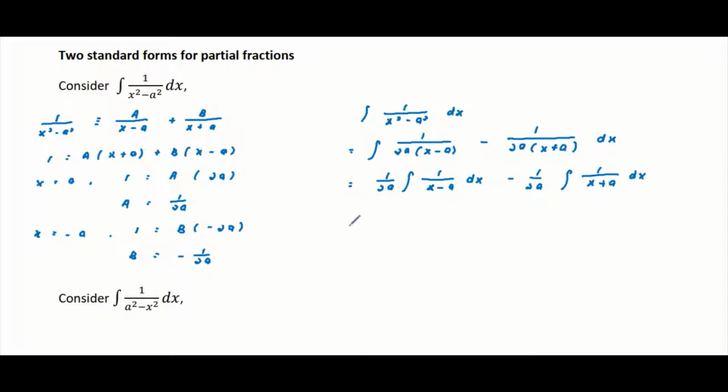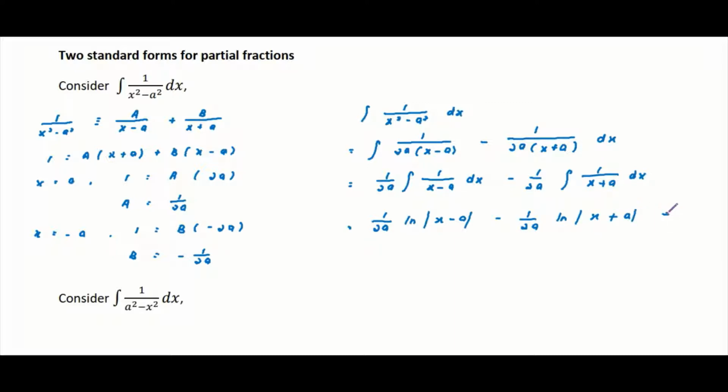As we continue, you can realize that 1 is the derivative of x minus a, so this is in the form f prime x over f x. The same thing, 1 is also the derivative of x plus a, which gives f prime x over f x also. So we can integrate it into ln: ln of x minus a, minus 1 over 2a ln of x plus a.